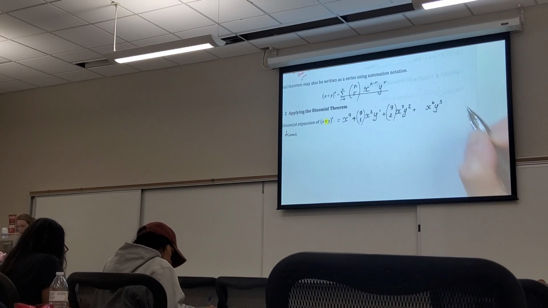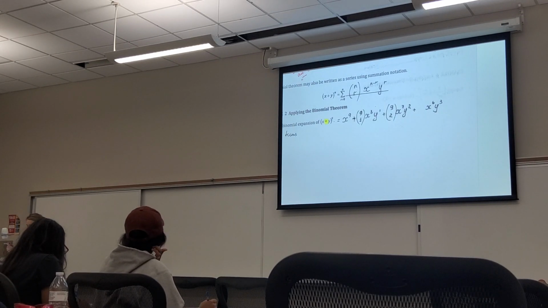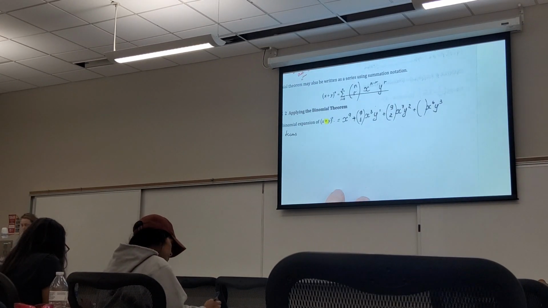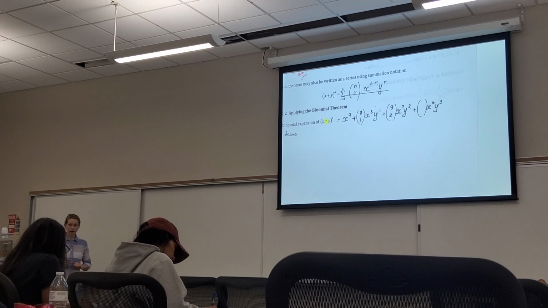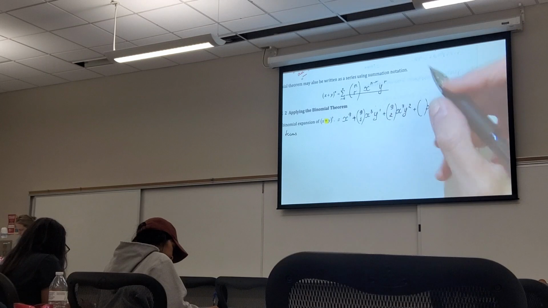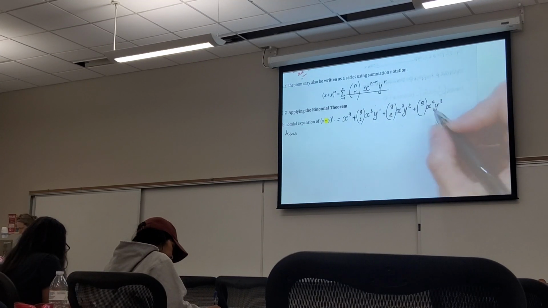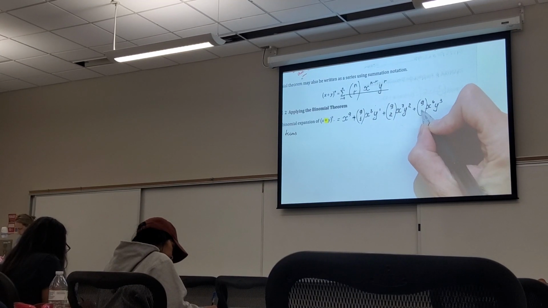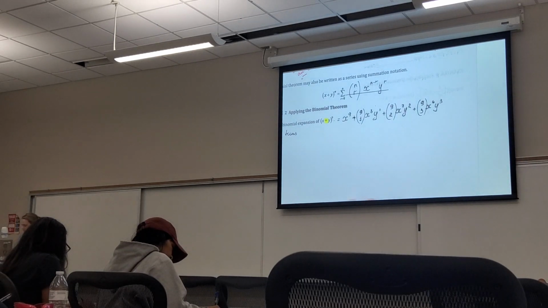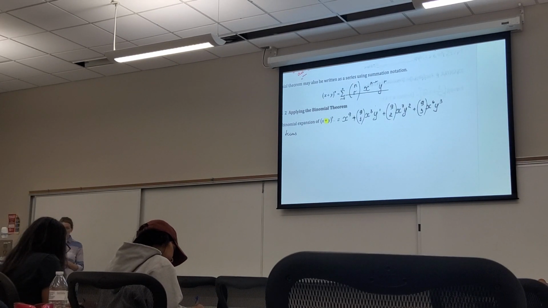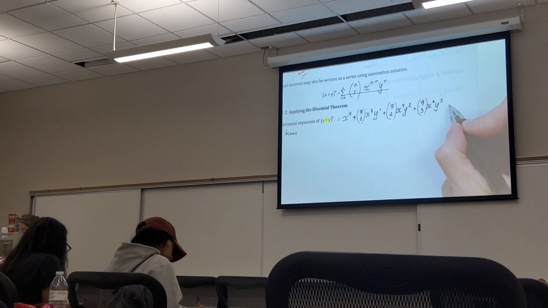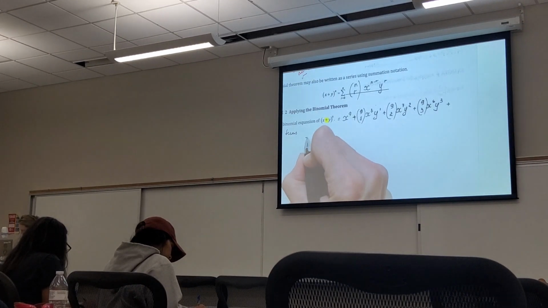Y power goes what? Up, 3. Therefore, to find the coefficient, I follow the pattern, yes? The top stays the power of your binomial, which gives me 9, and r is the power of y, which gives me 3. Am I done? No, I keep going.